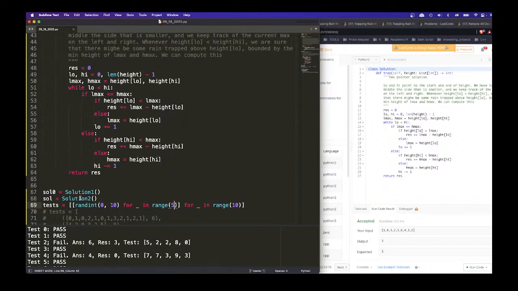Oh, okay, so the max is already changed. High minus equal 1. Low max is smaller equal to high max. And then, so every time it's not updated, that's why.